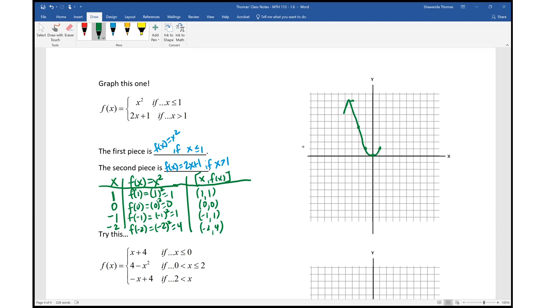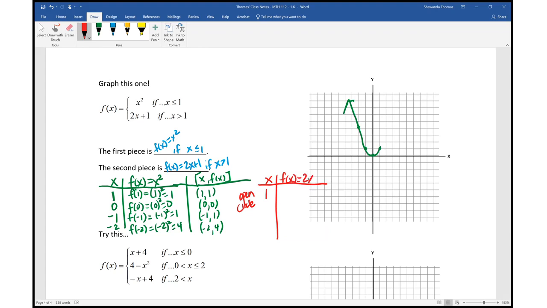Now, for the other piece, let's plot that in another color, like red. So the first piece was when x's are less than 1. What about when the x's are greater than 1? Still start with 1, but put an open circle there.